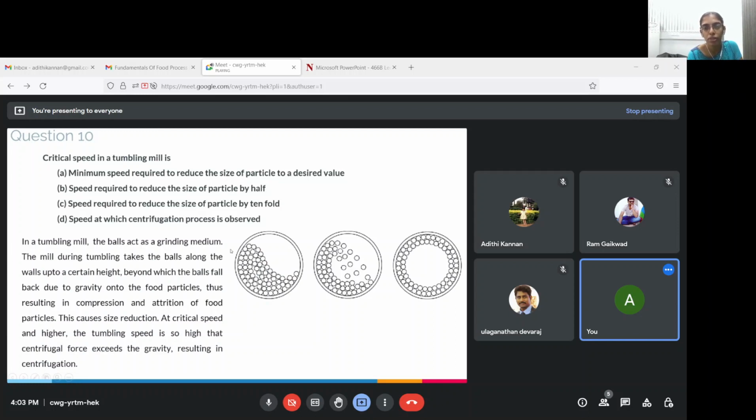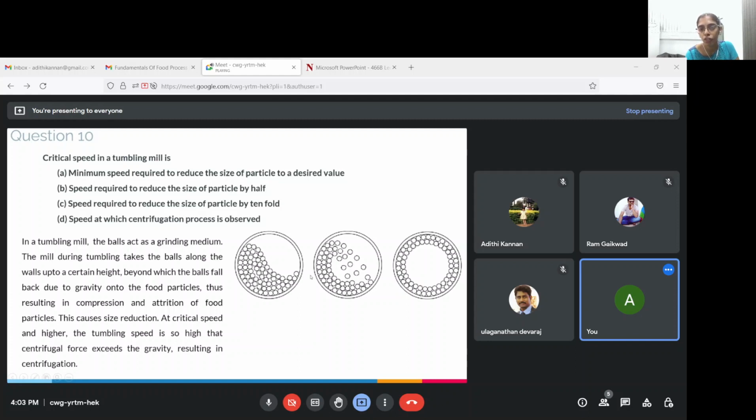As the tumbling mill is rotated, your balls will also stick to the walls. And at some point of time, your gravitational force will dominate and your balls will start falling. Because of this falling, your food product is getting compressed, and due to compression and attrition, your food product's size is getting reduced because of the impact of the balls. Your size reduction is happening.